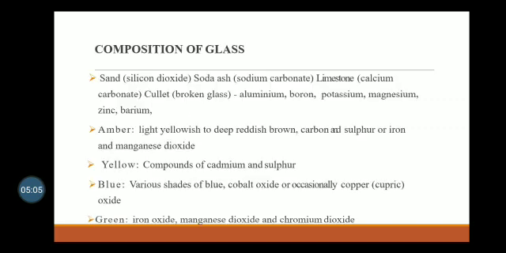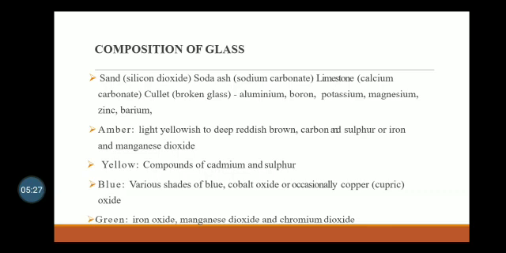Then composition of glass. It contains sand, that is silicon dioxide, soda ash, that is sodium carbonate, limestone, calcium carbonate, cullet, that is broken glass, aluminium, boron, potassium, magnesium, zinc and barium.